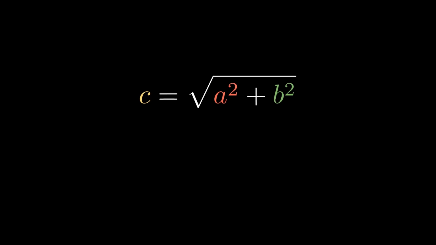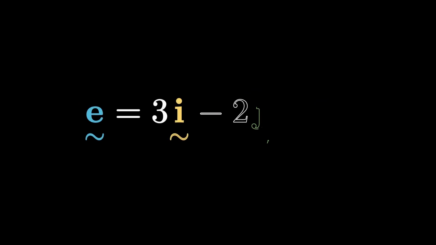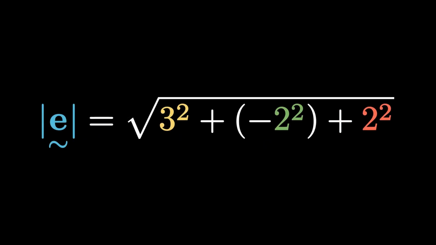We can use this equation and apply it to the length of vectors. We just replace c, a, and b with a vector and its components. Let's do an example of vector E equal to 3i minus 2j plus 2k, and we need to find the modulus of this. We represent the length or modulus of a vector using a bar.